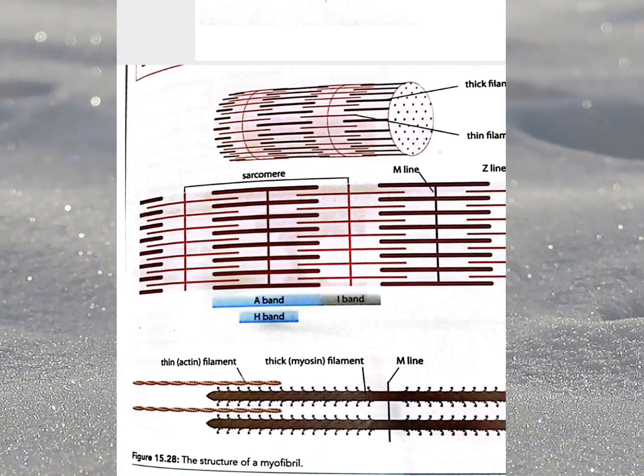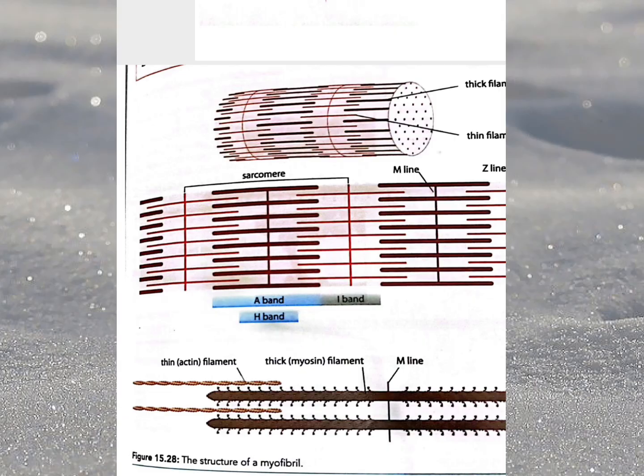So the region where the dark band is present, and also the region where both types of bands are meeting, meaning in the parallel way both types of bands are present, that region is known as A band. This is A band. A band is the complete dark band.